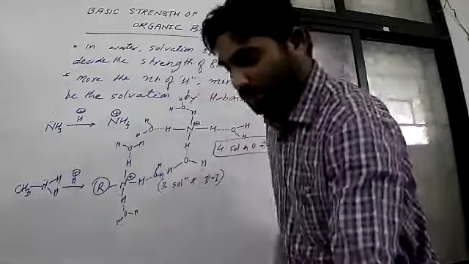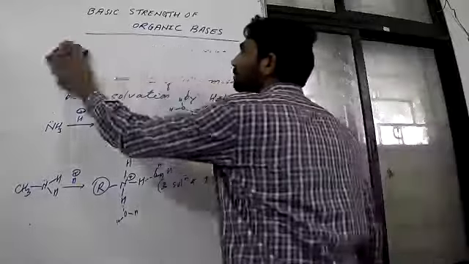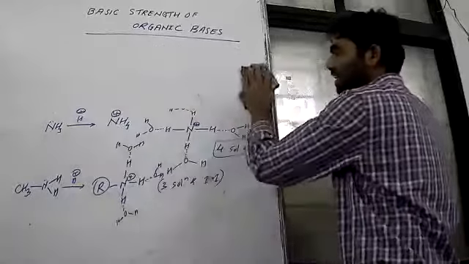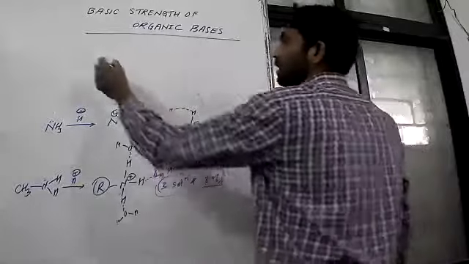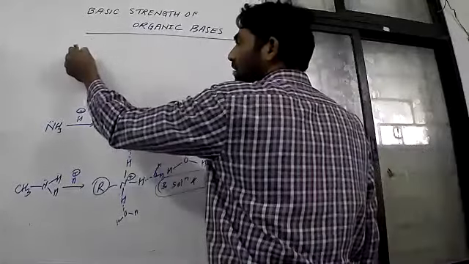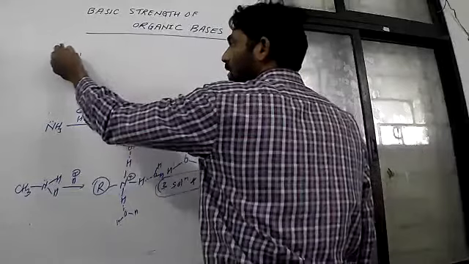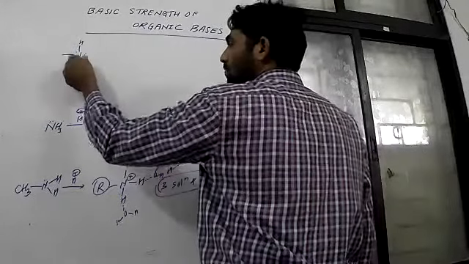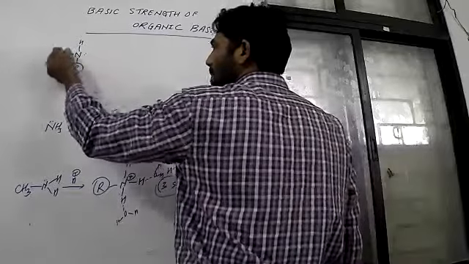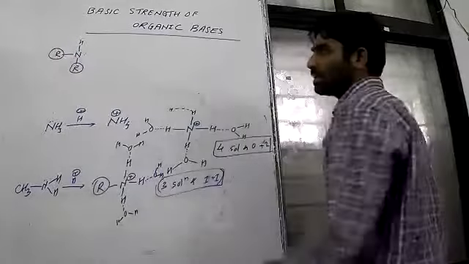If you go for a secondary amine, let us try to see. If I am writing secondary amine, there is a nitrogen and 2 alkyl groups. We can write methyl also, any group we can write.